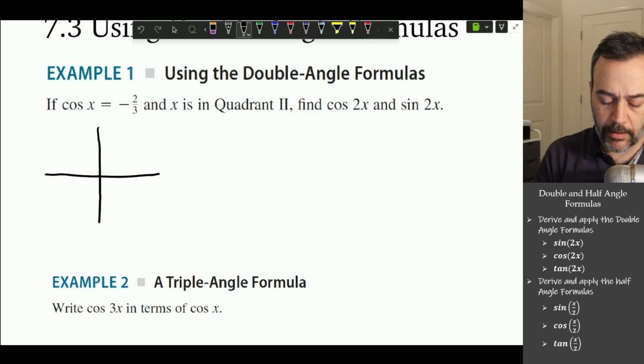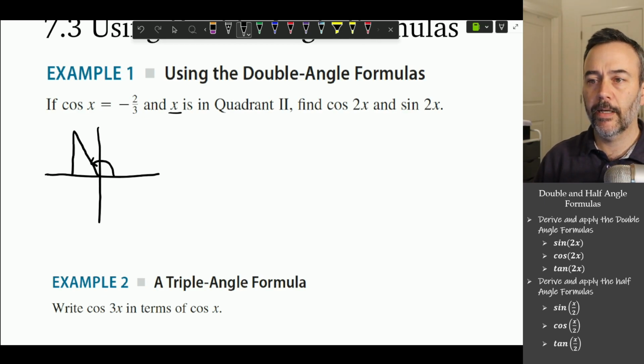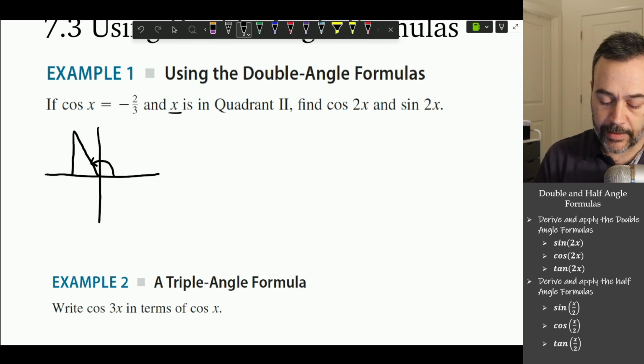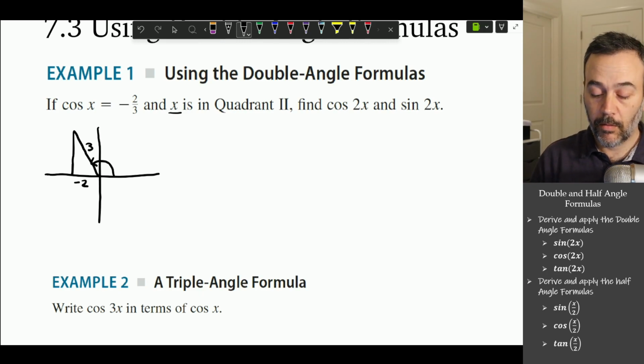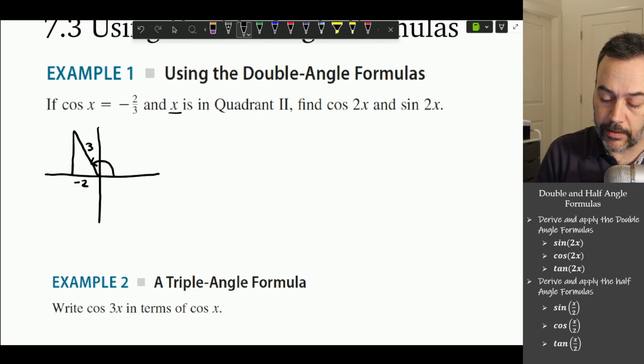So that means we must have a right triangle that's in the second quadrant. And this angle x, the angles always go from the positive x-axis to the terminal side. And the sides of this triangle are going to be negative 2, and the hypotenuse is positive 3, because we're given that cosine of this angle here.